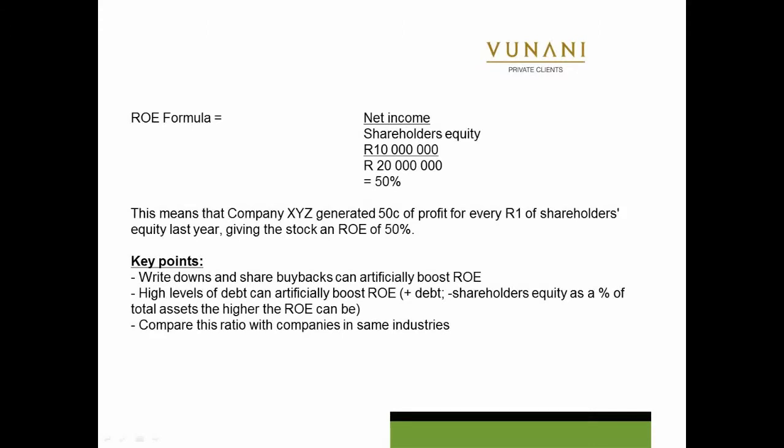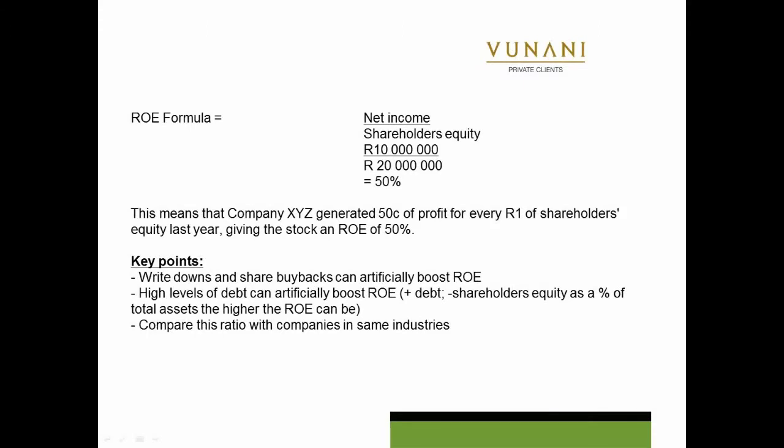And share buybacks can also artificially boost ROE. When a company goes out and says we're going to buy back shares currently held by the investing public, that will decrease that 20 million number you see there, maybe by 20% or so.